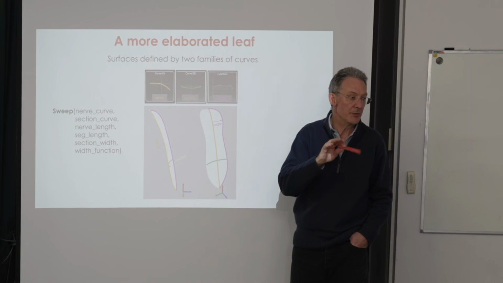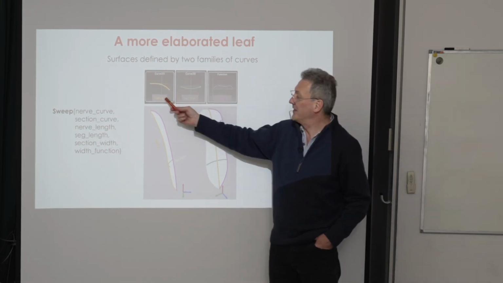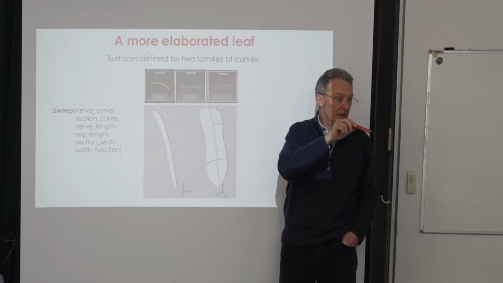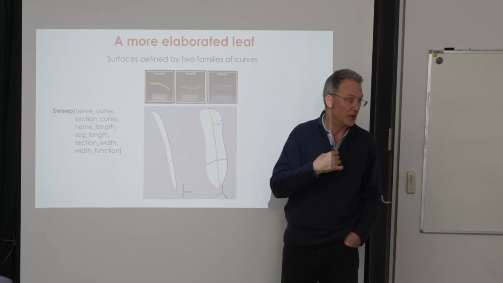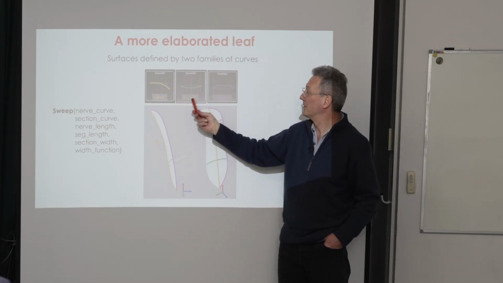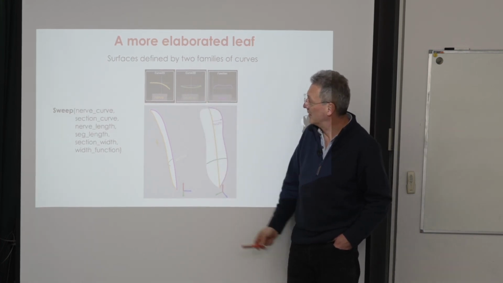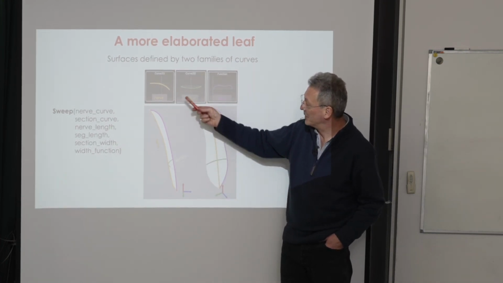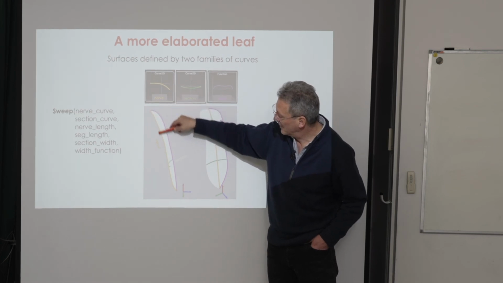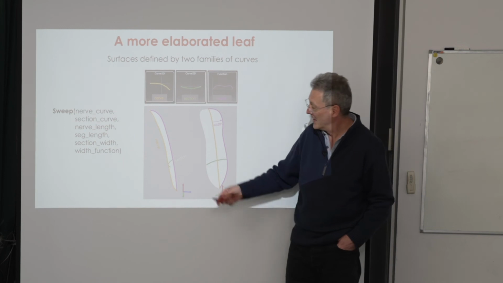Just for now, because we just need to manipulate this, I need to define with the graphical panel that we already used two curves and a function. The two curves, the yellow and the green, will serve to represent the nerve of the petal or of the leaf.